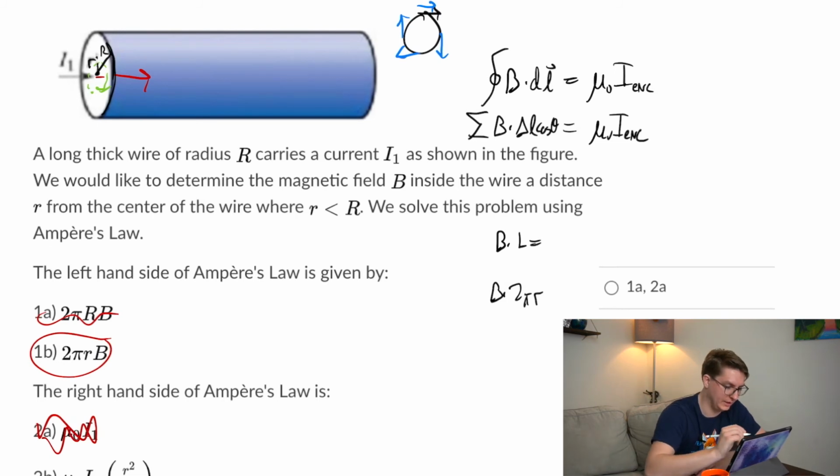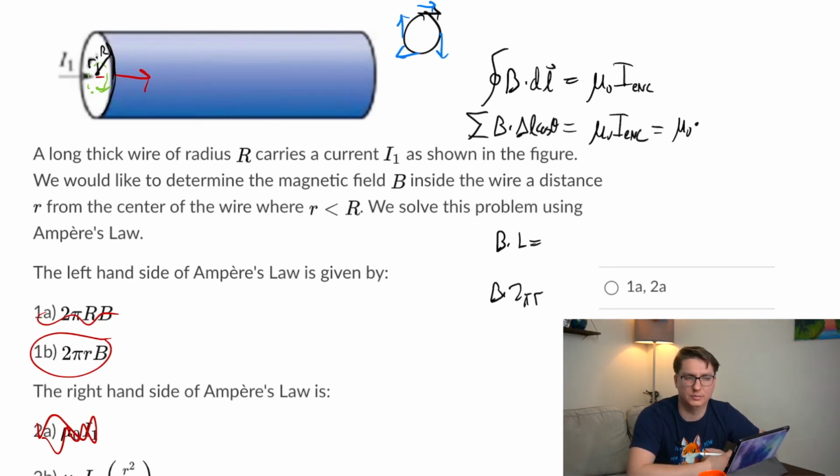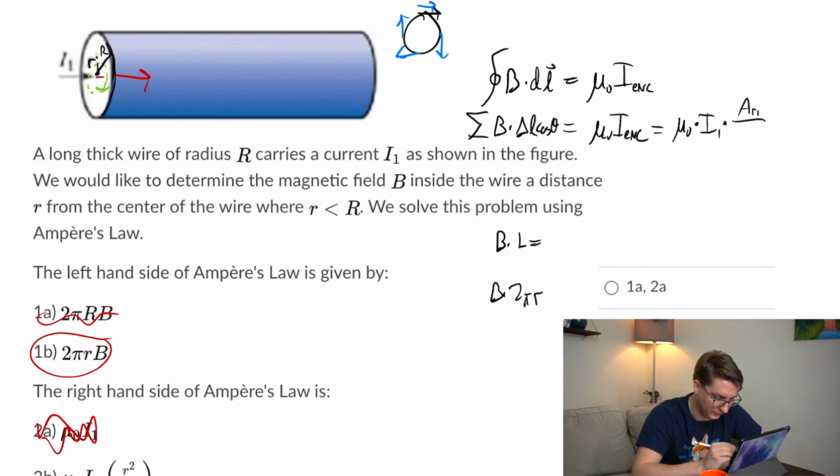Well, it's going to have to do proportionally with the area. So it's going to be this total current, but the proportion of the area of little r enclosed by R1 and the one by big R. And we know that these look like pi r squared.